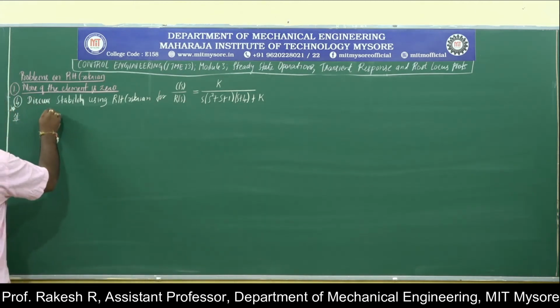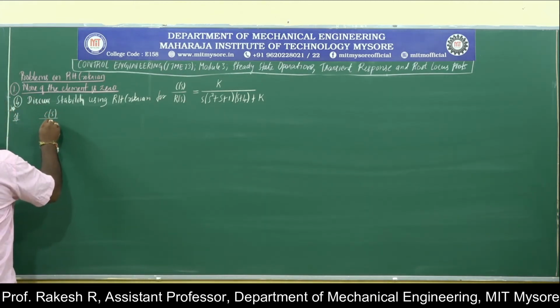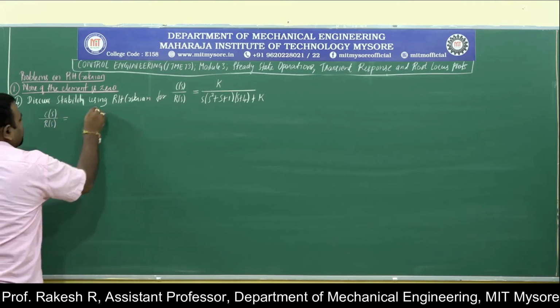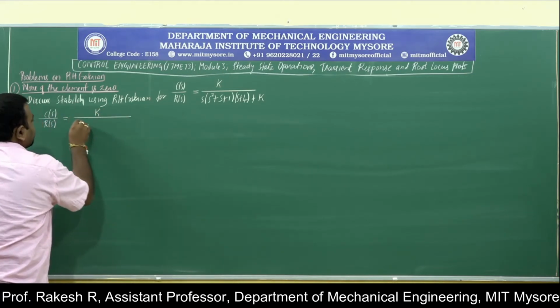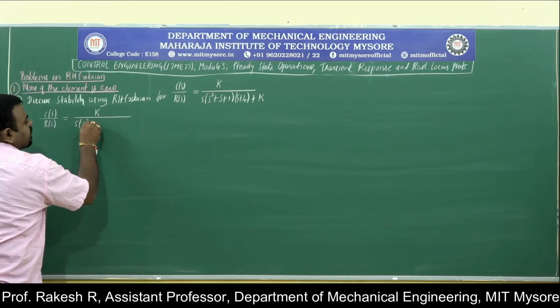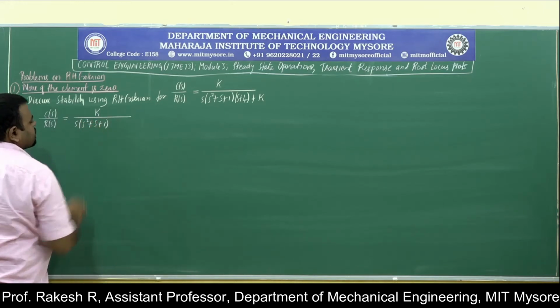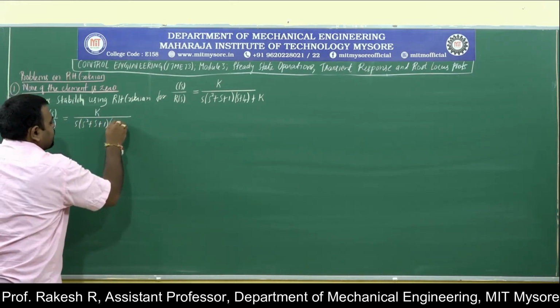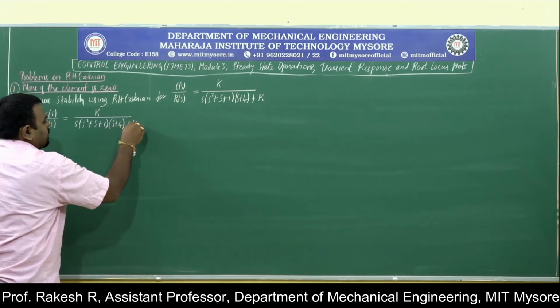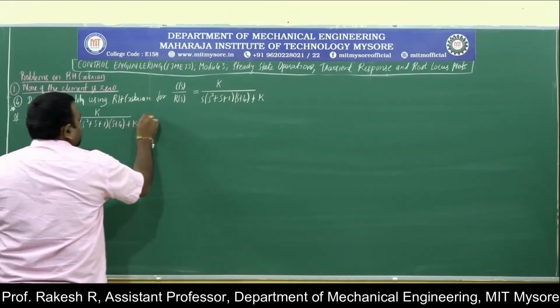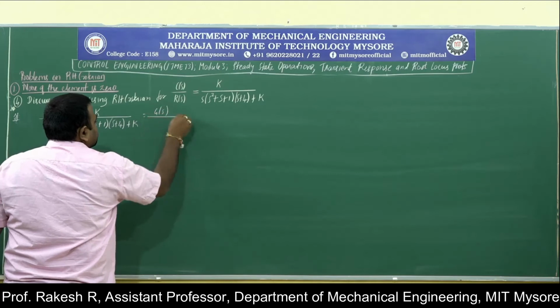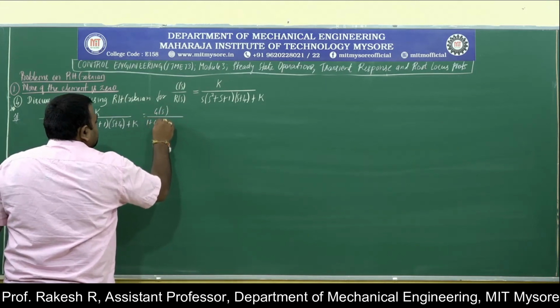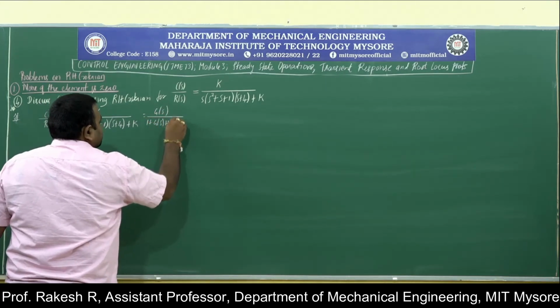Let us rewrite it again. Closed loop transfer function C by R will be equal to K divided by S into S square plus S plus 1 into S plus 4 plus K. So this is in the form of G of s divided by 1 plus G of s into H of s.